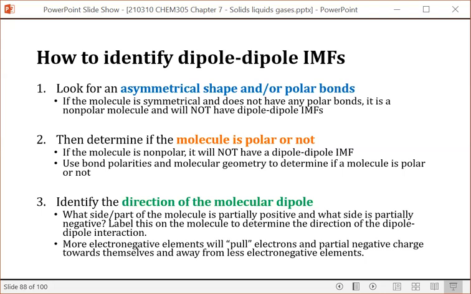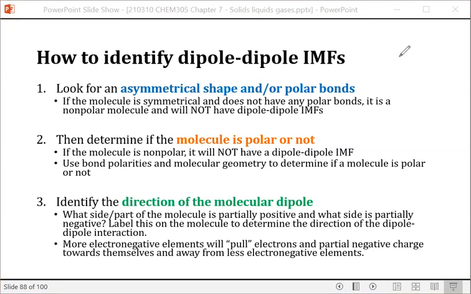You want to look for the asymmetrical shape and if it has polar bonds, because this is going to clue you into if the molecule overall is polar or not. So molecules that have an asymmetrical shape, they're going to be polar. And if they have polar bonds, if those polar bonds reinforce each other with their bond dipoles, then the molecule will also be polar.